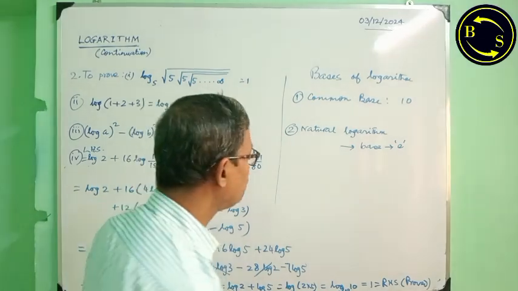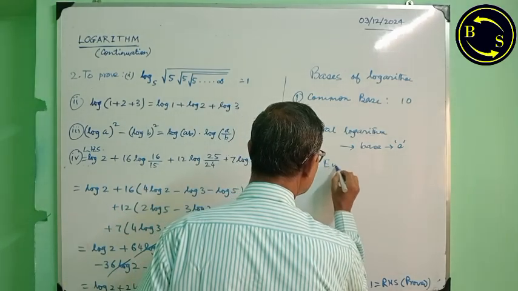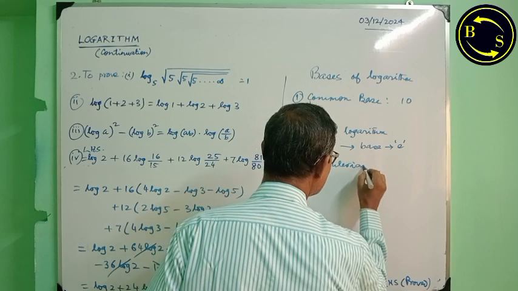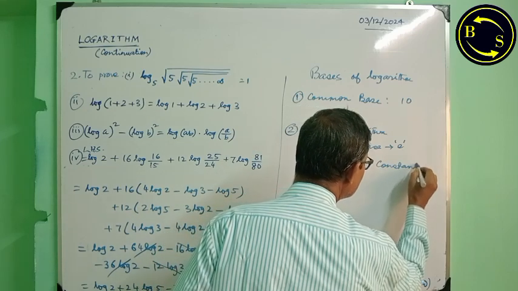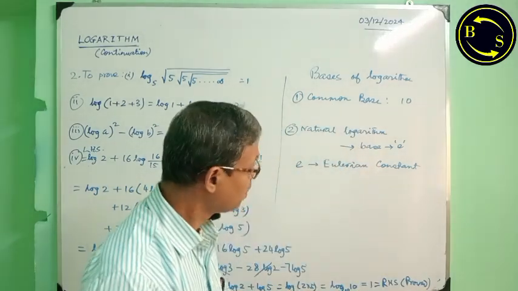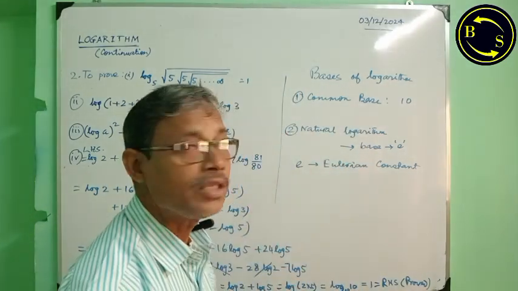Base is e, which is Eulerian constant. Already students of 11-12 have heard this.